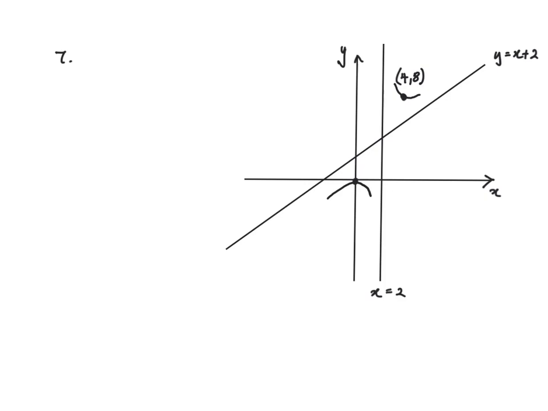To the right of x equals 2, we're approaching positive infinity, and as x gets very large and positive, we know that the function approaches x plus 2 from above. To the left of x equals 2, the function approaches minus infinity, so we have something like this. And as x tends to negative infinity, the function approaches the asymptote x plus 2 from below.